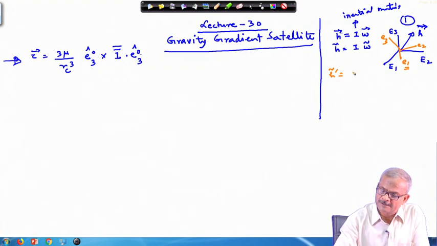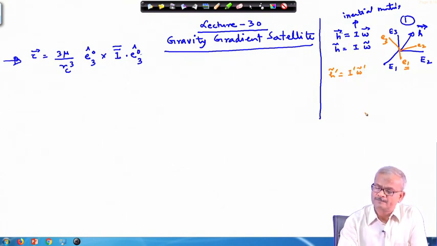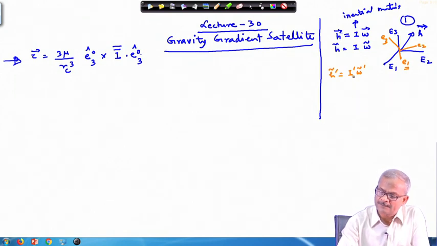So, H tilde prime, I can write as I prime times omega tilde prime, where I prime is the inertia matrix in this frame, because as the frame changes, the inertia matrix will also change.